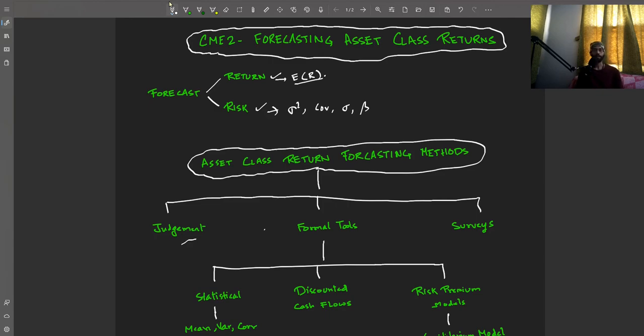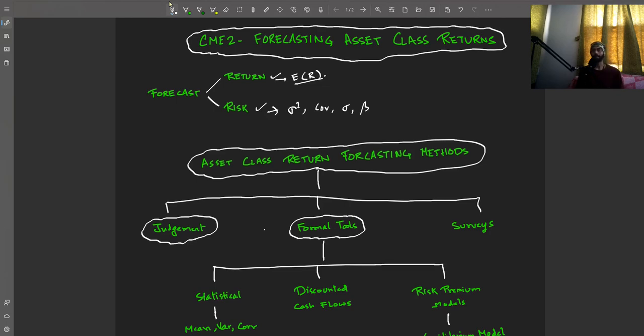One is judgment. Judgment means one is trying to use their own subjective experience, own rationale and intelligence to understand what the future holds. Then there are formal tools. Formal tools means they are based on mathematics and statistics, and based on these kind of models, we are trying to predict what the future holds.